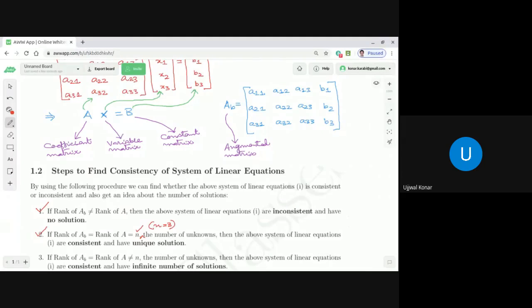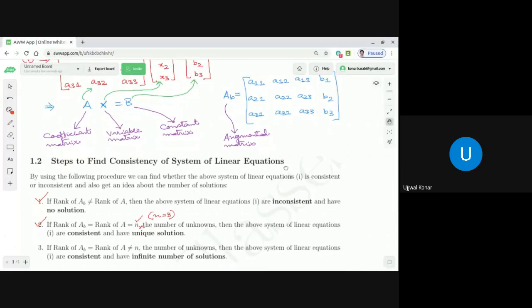So the rank of the augmented matrix is equal to the rank of the coefficient matrix is equal to the number of unknowns. And what can we conclude? We can conclude, yes, the system of linear equations is consistent and has a unique solution. What is meant by unique solution, dear students? That means you can get only a single set of values of x1, x2, x3. That is why it is called unique solution.